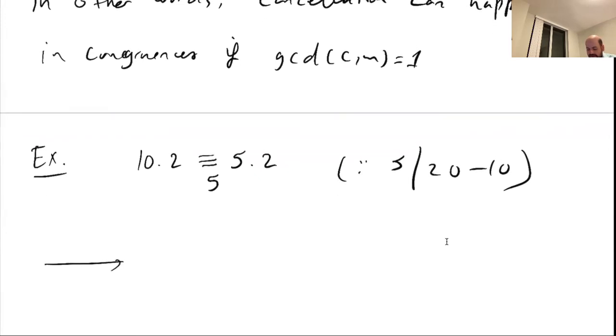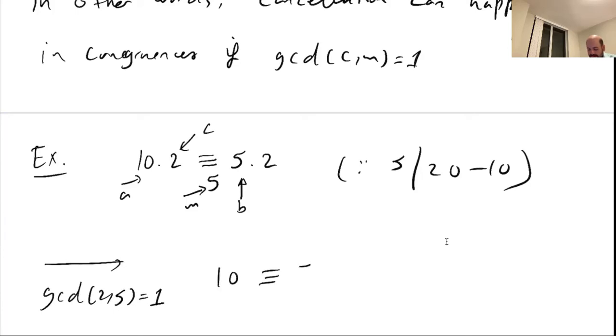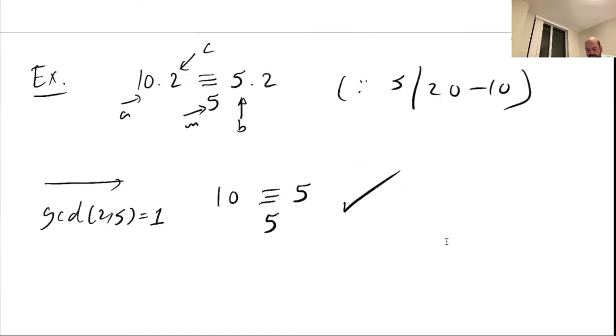And here, this is my A, this is my B, and this is my C, and this is my M. Now C and M are relatively prime. So that means I can do the cancellation. And I can say 10 is congruent to 5 mod 5, which is true. So if the number you want to cancel is relatively prime with M, then you can do the cancellation.